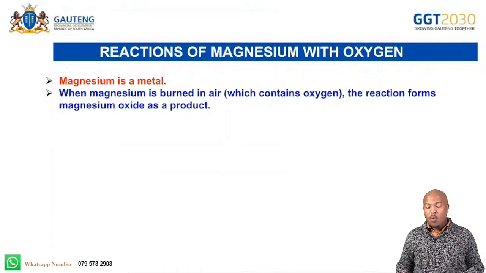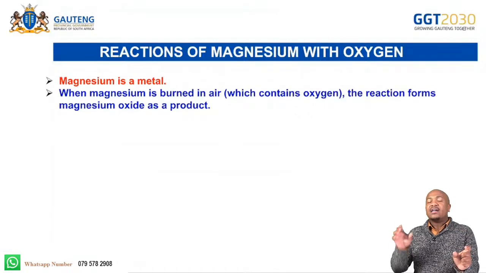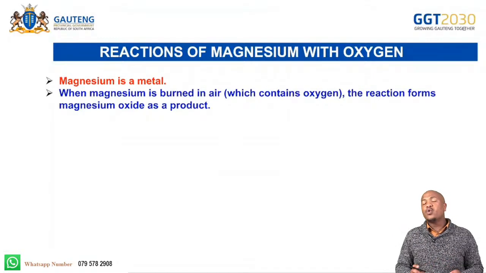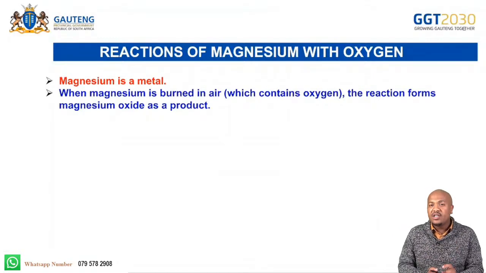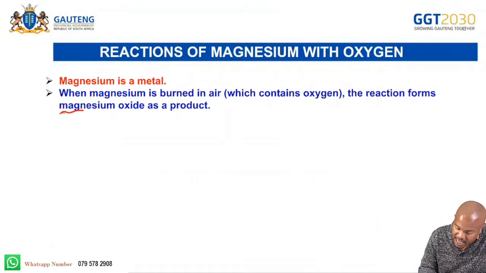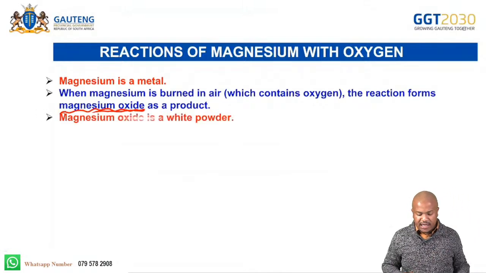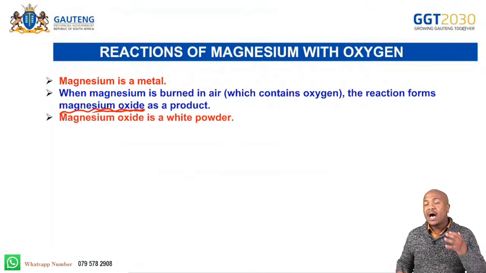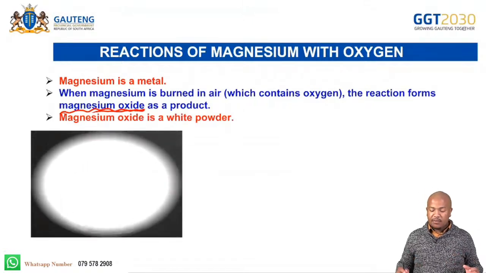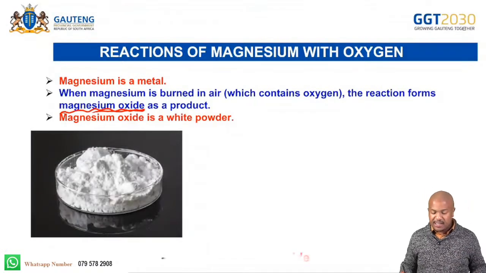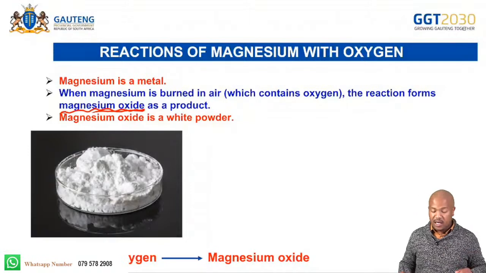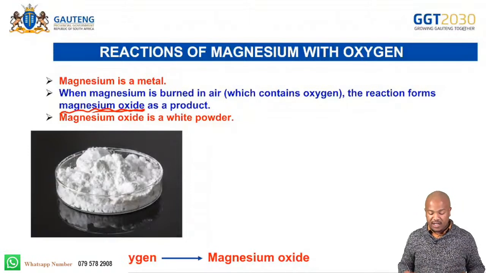We're talking of magnesium reacting with oxygen. So it's going to form what? Magnesium oxide as a product. That magnesium oxide is a white powder in appearance, and this is the word equation for the reaction.